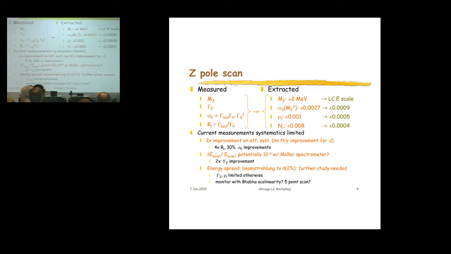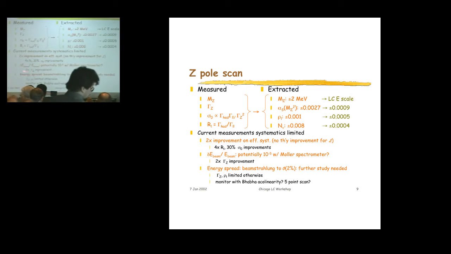However, all of these measurements are systematics limited, so you're not going to get huge gains from the statistics here. A lot of it comes from the better detector, getting a factor of 2 improvement in the systematic efficiencies, which would give you a 4 times improvement on the ratio of the hadronic to leptonic widths, and a 30% improvement in the peak cross-section.